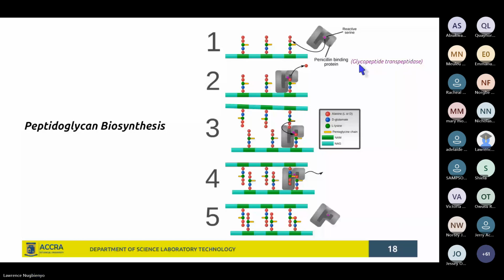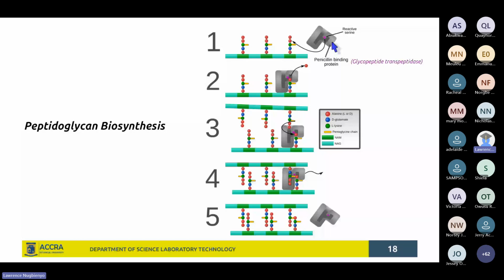It is an enzyme that catalyzes the transfer of these peptides that will result in bonding between them, having these cross linkages between them. That is how you have the peptidoglycan synthesized. But if you're looking at that protein in terms of the fact that it is the enzyme being targeted by penicillin, then it's referred to as penicillin binding protein.